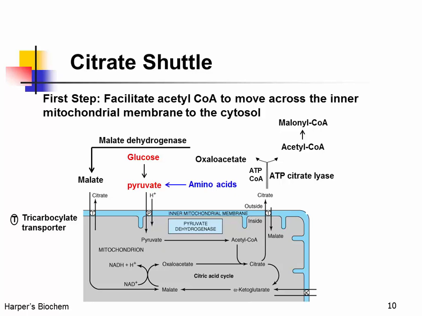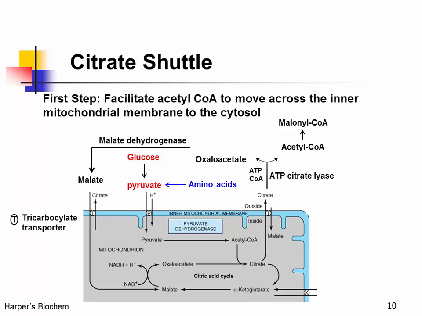Okay, so the citrate shuttle, because fatty acid synthesis occurs in the cytosol, right? And where is acetyl-CoA produced? Remember? When we talk about oxidative metabolism, glycolysis, TCA cycle, where is the acetyl-CoA generated or made?